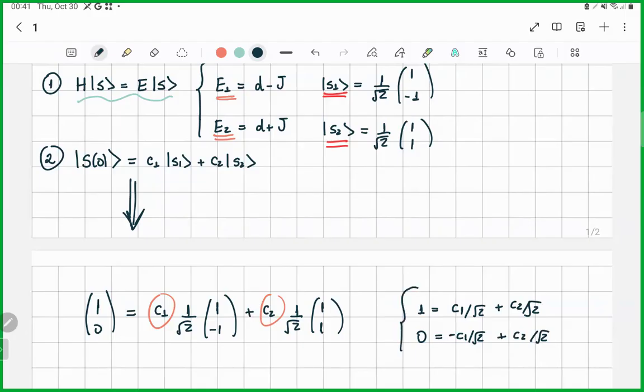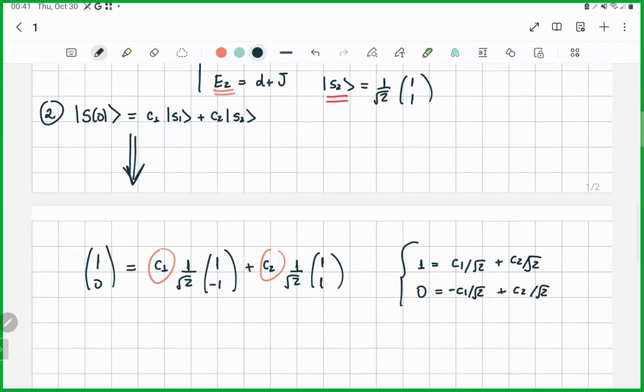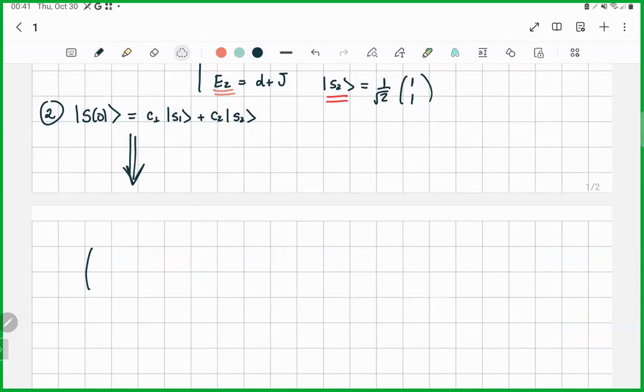So if you want, you can go straight here, and you would again find that C1 has to be 1 over square root of 2, and C2 has to be 1 over square root of 2 to satisfy this equation. Or you do as we did, which was to compute the inner product, whatever you prefer.